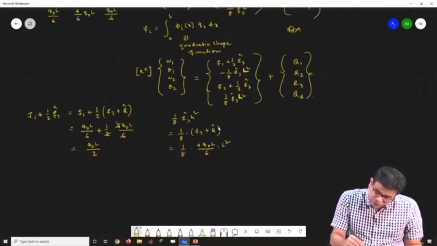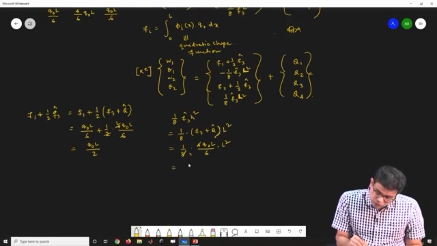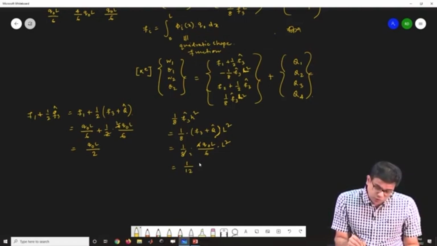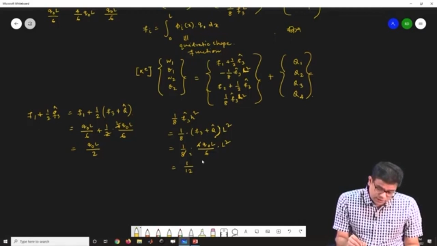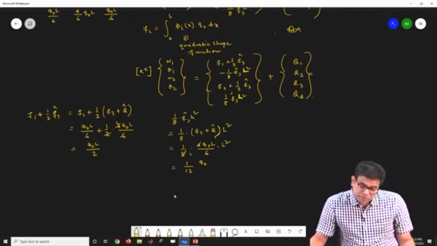So this is also L squared. If you see, this is 2, so 1 by 12 q0 L cube. I think I'm making some mistake here.